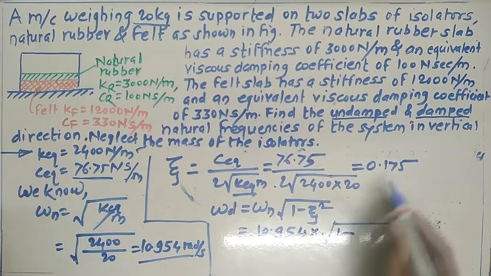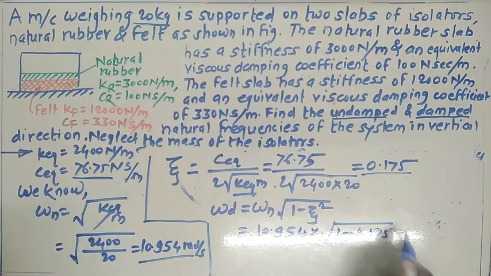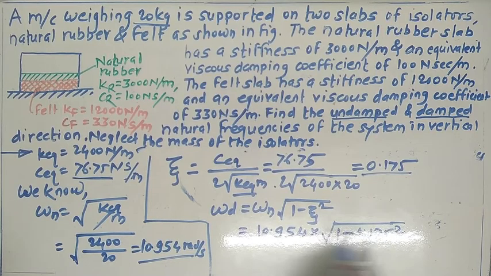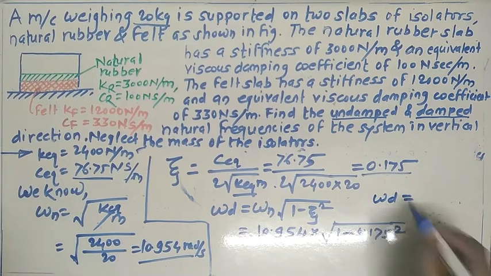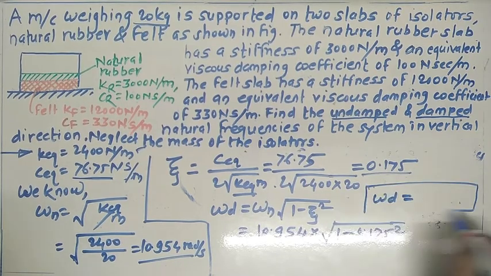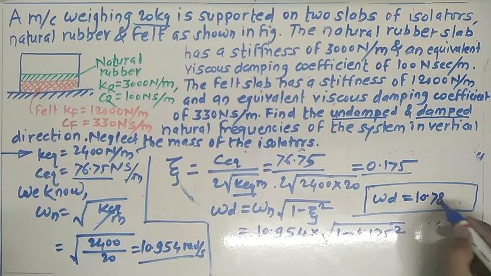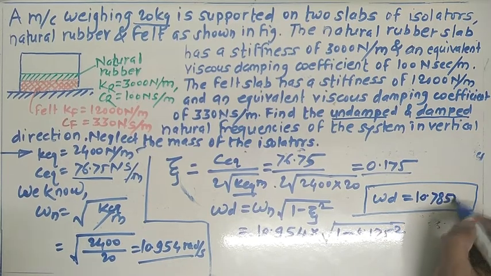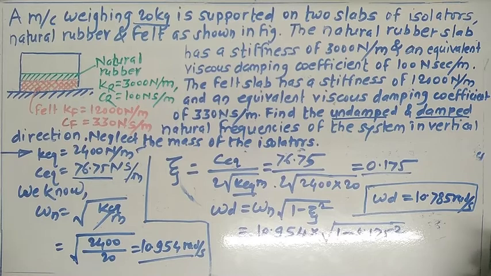The zeta value is already with us, 0.75, squared. After simplifying this, what do we get? We get omega d equals 10.785 radian per second.